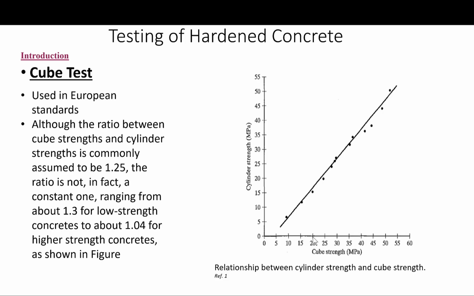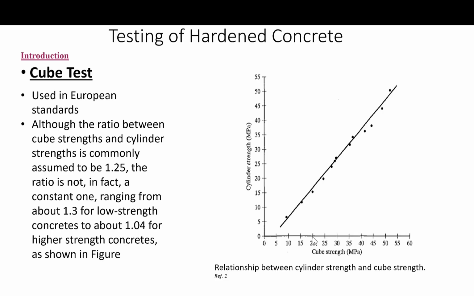This means the faces of the cube in contact with the bearing platens were cast against the sides of the rigid steel molds, and we ensure planeness in this way. So the bearing faces are sufficiently plane, requiring no capping or grinding. This is actually one of the advantages of using cubes for compressive strength testing.